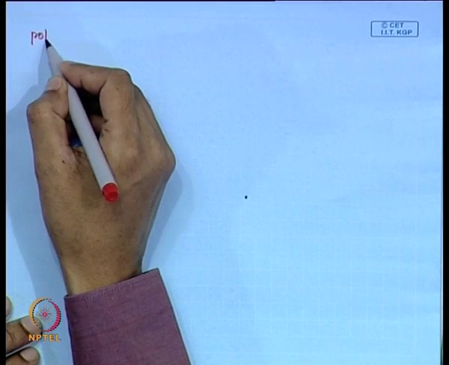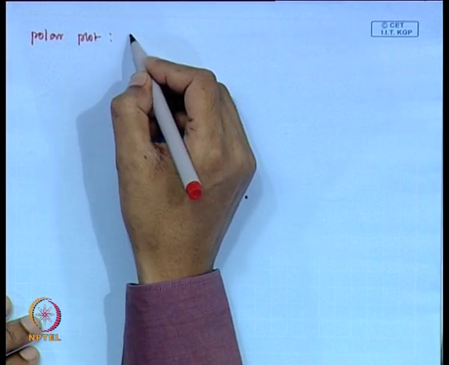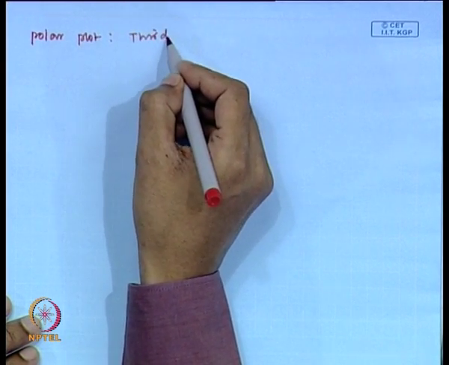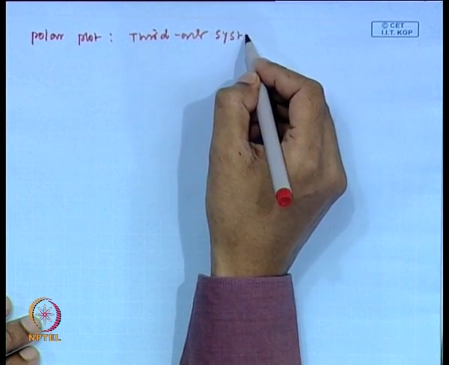Fine. Next, we will consider the third order system, construction of polar plot for a third order system.